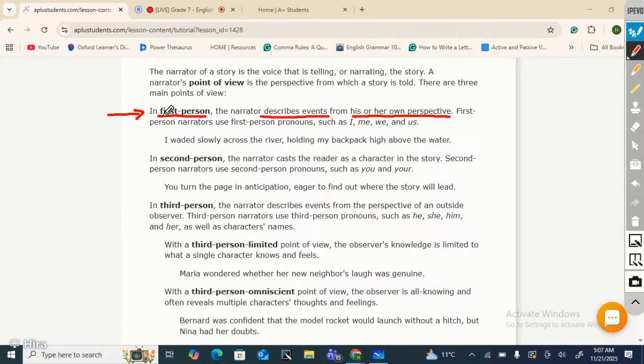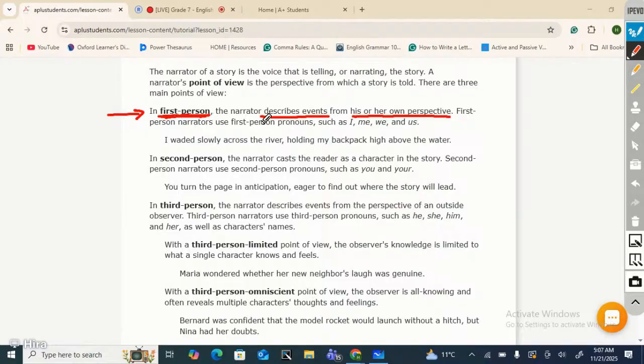Obviously, if you are describing something from a first person point of view, you would discuss your own perspective, your own opinions, feelings, thoughts. So, in first person, the narrator describes events of the story from his or her own perspective.